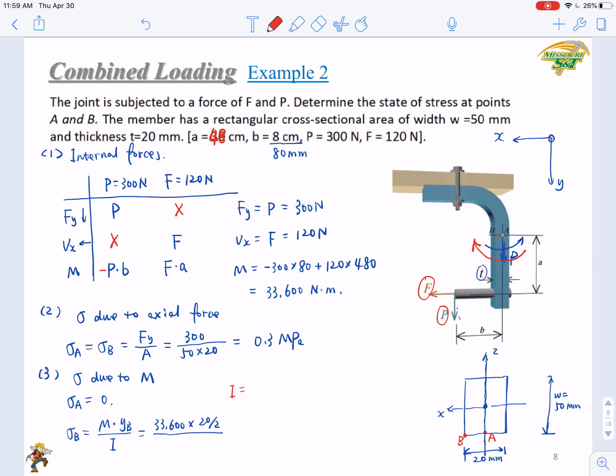I equals b h cubed over 12, but which value is b and which is h? Since the M is with respect to the z-axis, the base will be 50. So you will have 50 times 20 cubed over 12. You'll get 33,300.